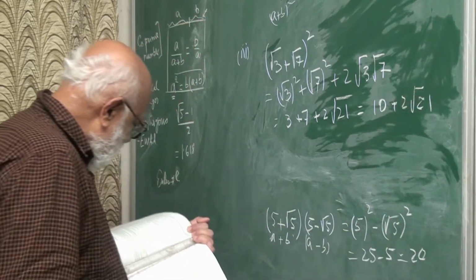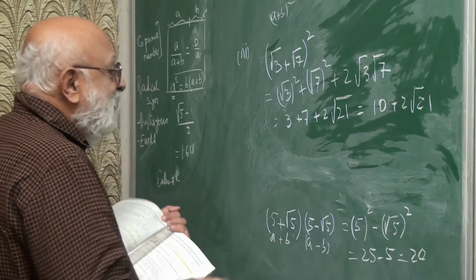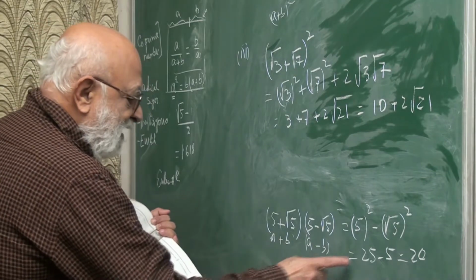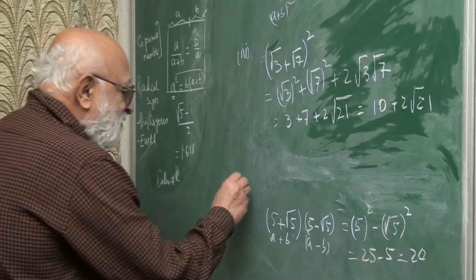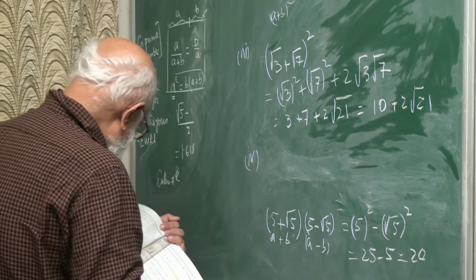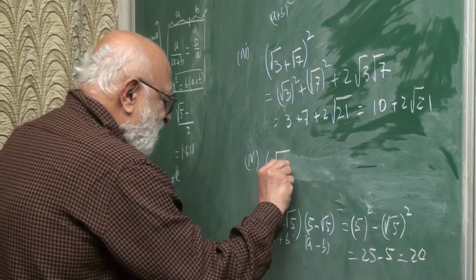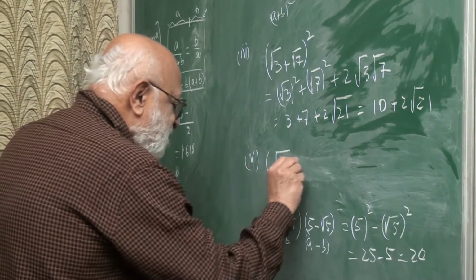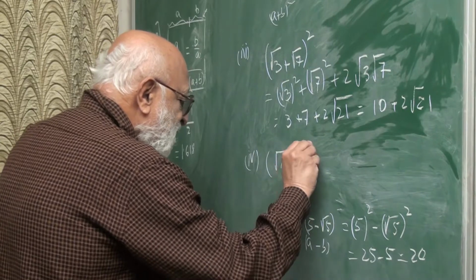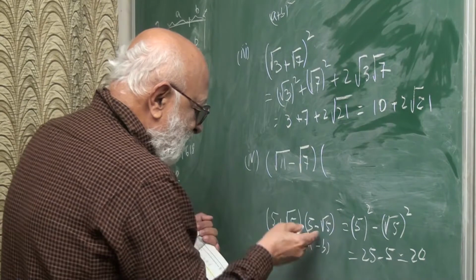Is that correct? This is very straightforward. The next one is this one that we have done earlier. That will be number 5, root 11 minus root 7, multiplied by root 11 plus root 7, where only the sign has been flipped.